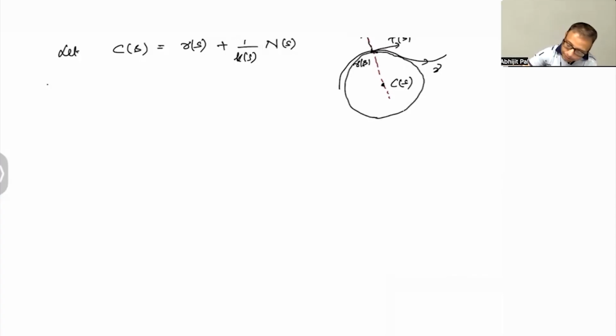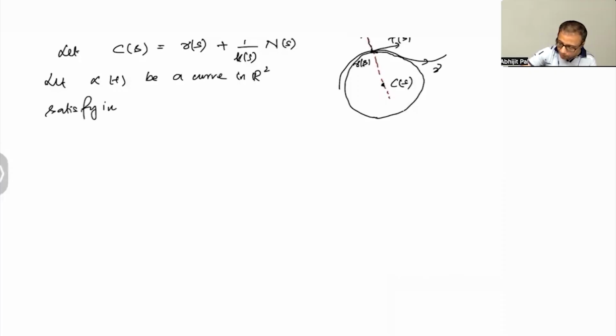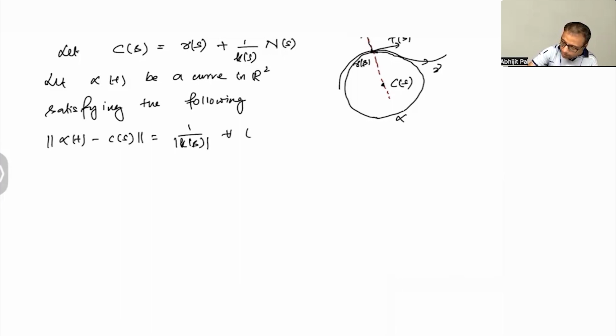So let alpha t be a curve in R2 satisfying the following. So this is my alpha: norm of alpha t minus cs is equal to 1 by mod of ks for all t.